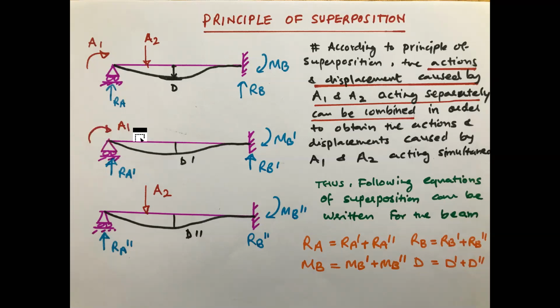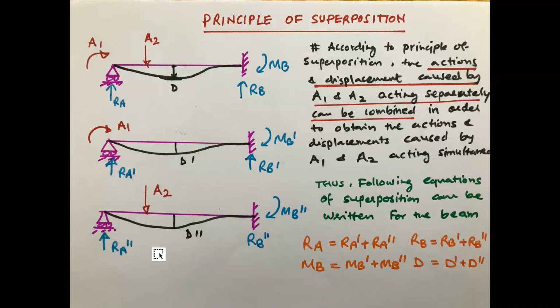Second, when you are applying the moment, the value of the reaction will be different. It is not the same as this RA, so I am calling it RA dash. And when you apply it, the reaction RB in the second beam will be different, that is RB dash. And this moment MB, I will call MB dash. This is because of A1. Similarly, because of A2, you can generate another magnitude.